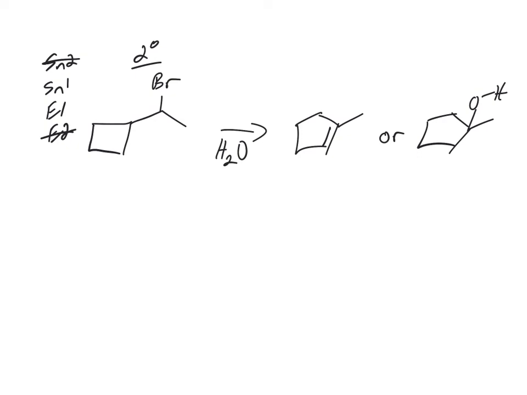So it's either SN1 or E1, and which one is it? It's both, because look at the two products. There's both an elimination product and a substitution product, so we've got to do both here. So what's the first step in an SN1 or E1 reaction? Leaving group leaves.